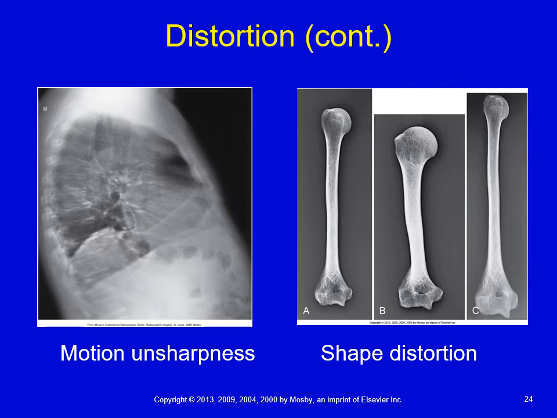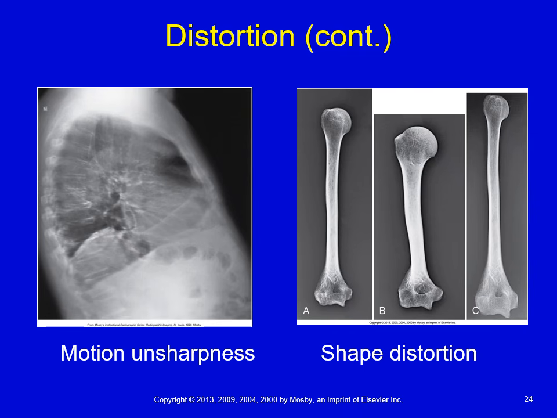All right, in the second image, we're looking at shape distortion. We have an object, and it's the same object, but it looks very different. It can look different based on the tube, the object or body part, and the image receptor alignment, how it was positioned.